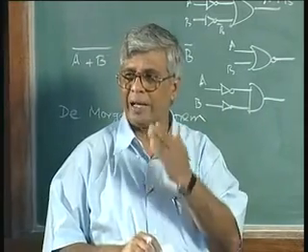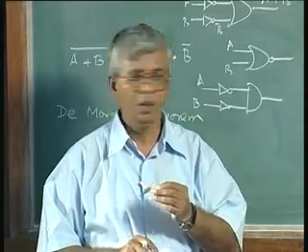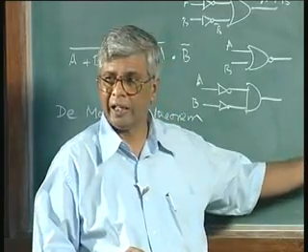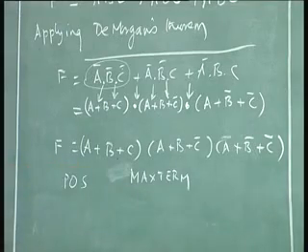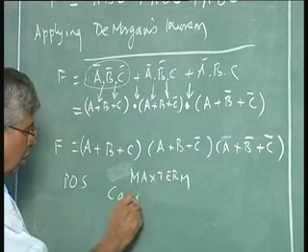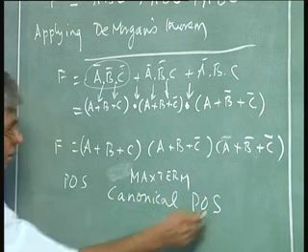For some of the max terms, the output is true. For some of the max terms, the output is false. And the product of sums expression is written using the max terms for which the output is false. Isn't it? Max terms for which the output is false, you write them, and get a product of sums expression. This is also called a canonical product of sums.